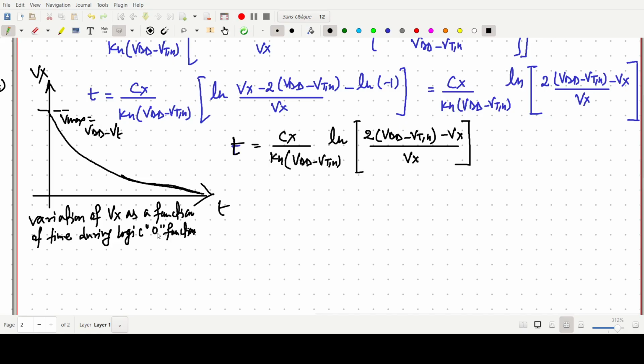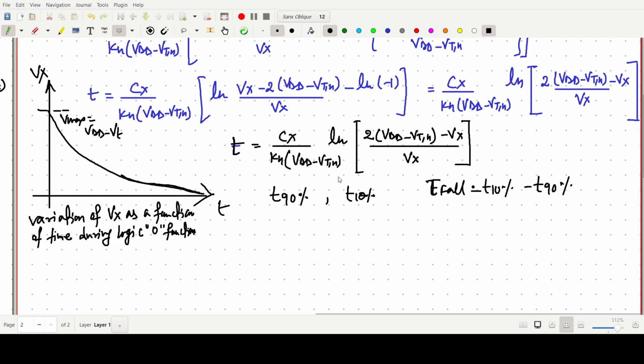Now suppose we have to find the fall time for this one. So t 90%, t 10%: the fall time tau fall equals t 10% minus t 90%.